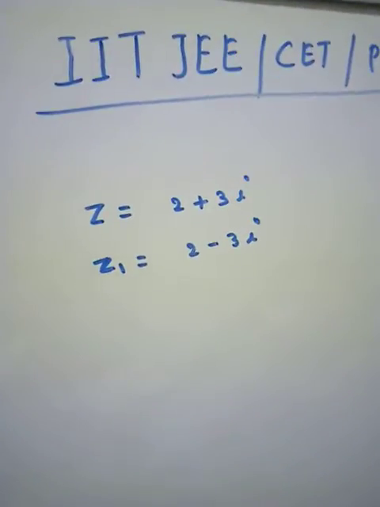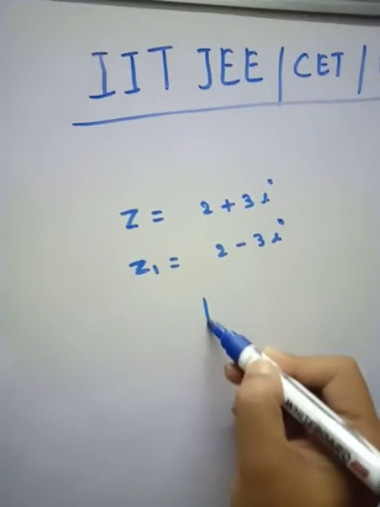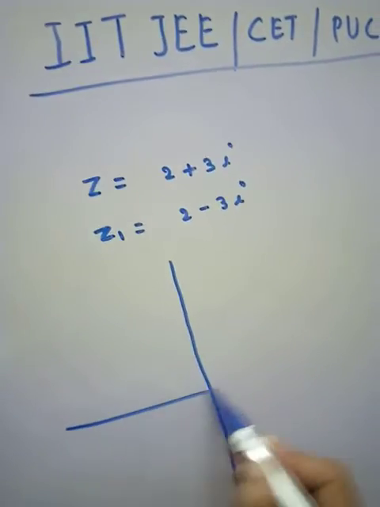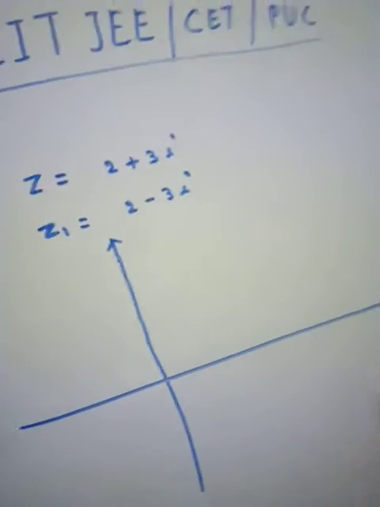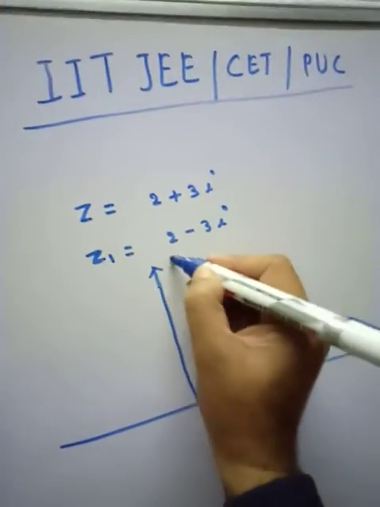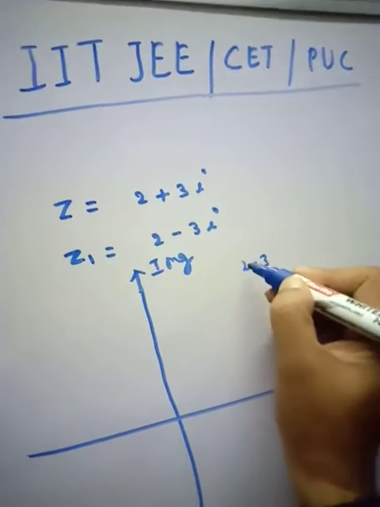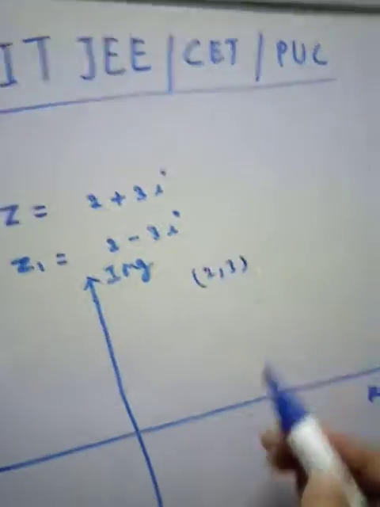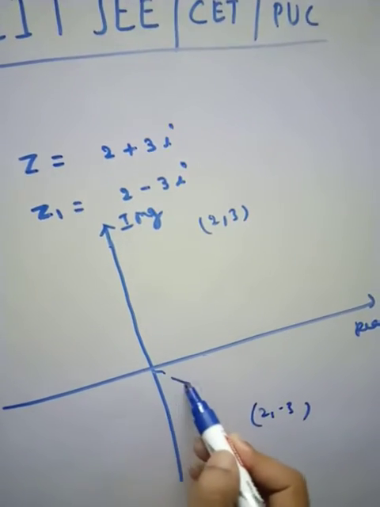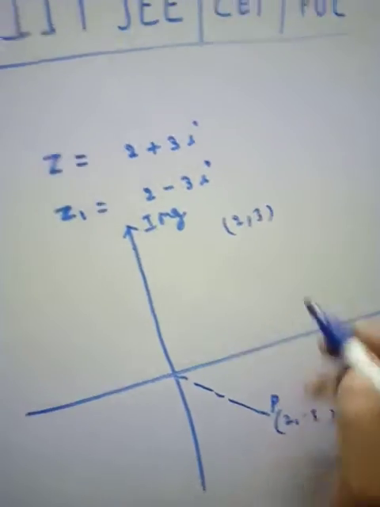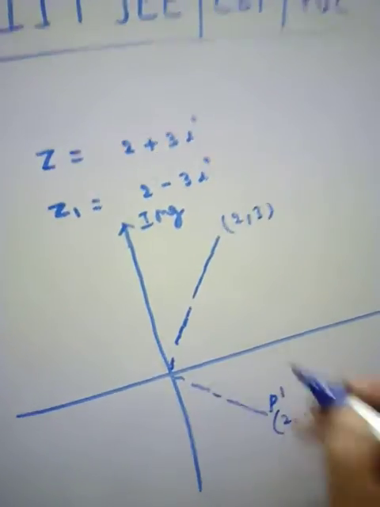How do we represent these two points on the complex Argand plane? The x axis will be the real axis, and this will be the imaginary axis. So 2, 3 will be here, and the mirror image of this point will be here, 2, minus 3. Suppose this point is P and this point is P dash.